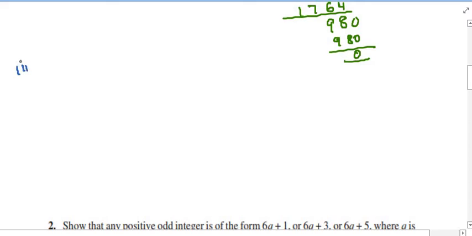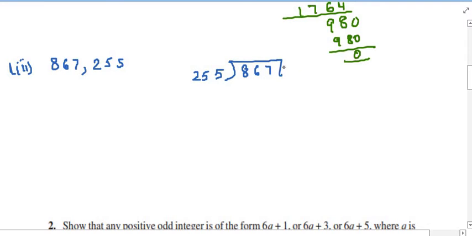In the third part of the first question, the given numbers are 867 and 255. Since 867 is the bigger number, we'll divide 867 by 255. 255 times 3 is 765.